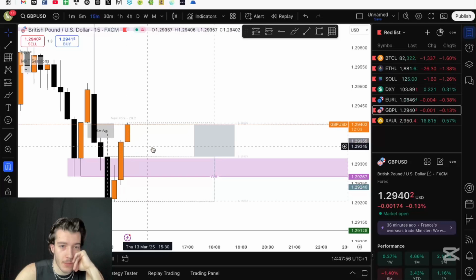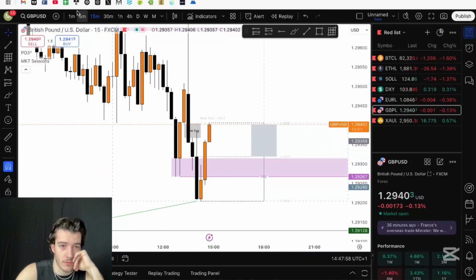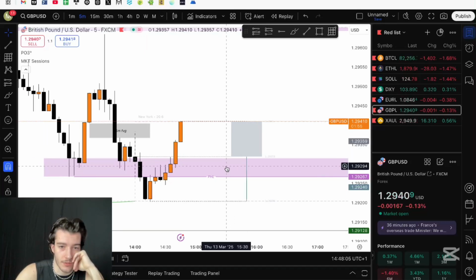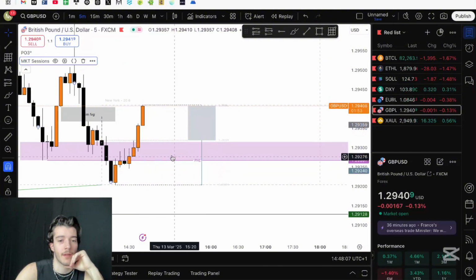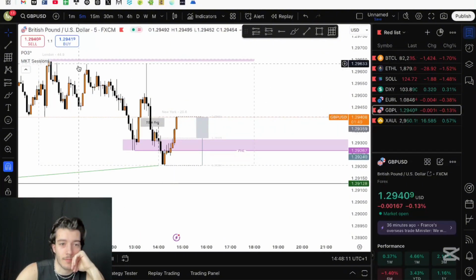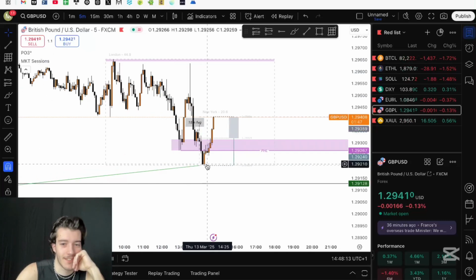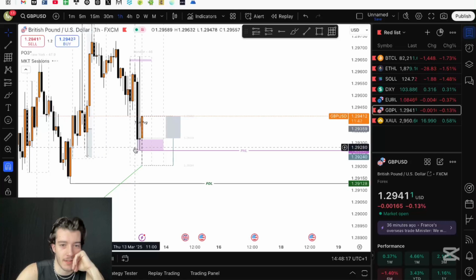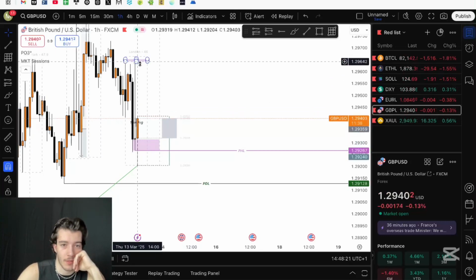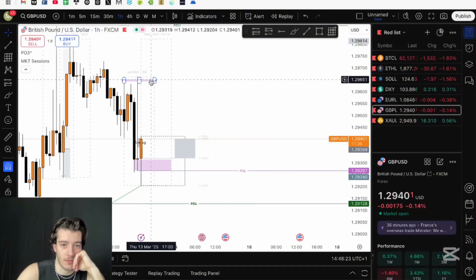We are breaking structure on the 5-minute. We did break structure on the 5-minute. So we came back into this London area where we've been hanging around. We wanted to sweep this previous low, I guess. And now we are just coming back, I believe, to these London highs here.